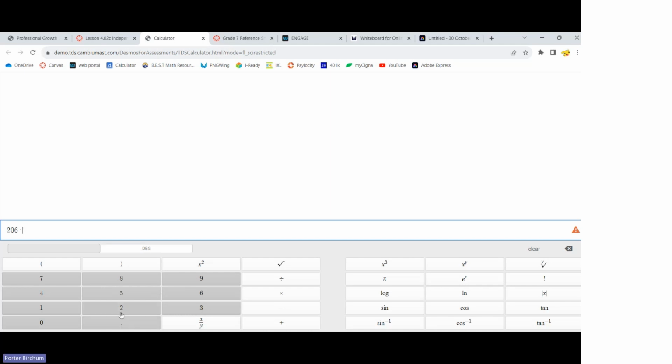Now, I can't type 2.7% into my calculator, but I can type in the decimal version, 0.027. This gives me what 2.7% of 206 is. This is how much interest Stan would get after 1 year. How many years did he have it in there for? Oh, he had it in there for 6 years. So I times that by 6.